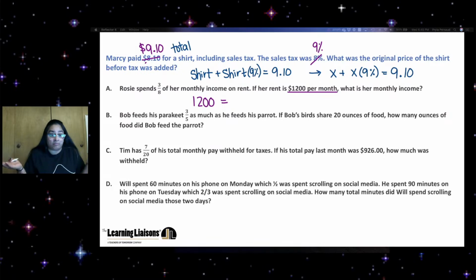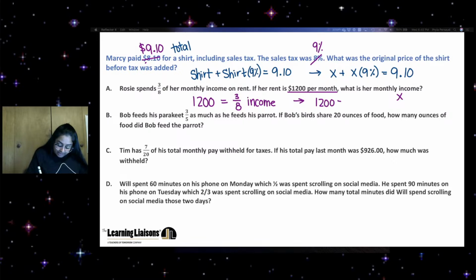What's her income? I don't know. Let's name it X. So what is 3/8 of her income? We end up getting a problem that says 1,200 is equal to 3/8 times X. Does that look similar to the original problem that we had? No, nope, not at all. So let's try B.